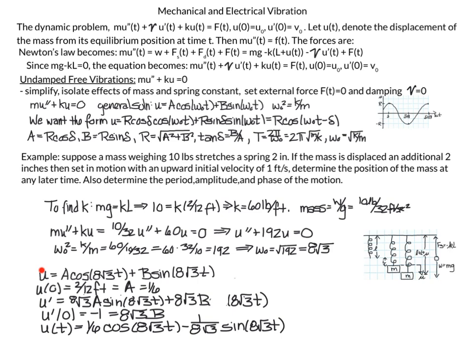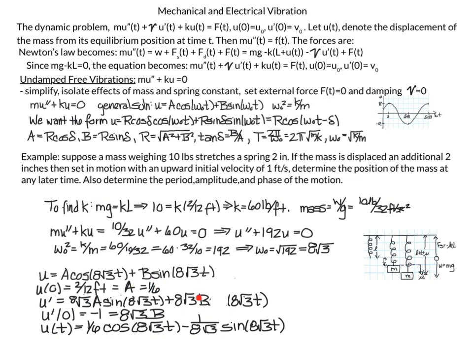So my u(t), my position at time t, is going to equal A cosine, and then I plugged in my ω₀, 8√3 t, plus B sine of ω₀ times t. I use my initial conditions that u₀ is equal to 2 over 12 feet, and if I plug in 0 here, this goes to 0, this goes to 1, so it's equal to A, so A is equal to 1/6.